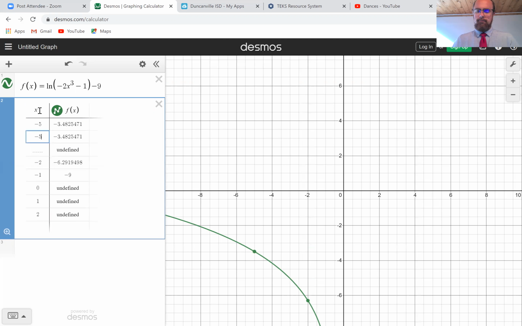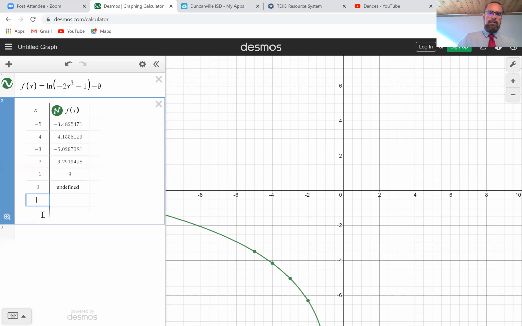So we'll input negative 5, negative 4, and negative 3. And then we don't need all these undefined values. We can stop there at 0. So this is the table that we can use to graph our original.